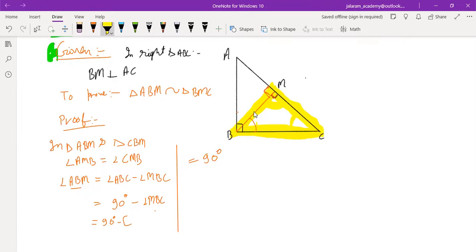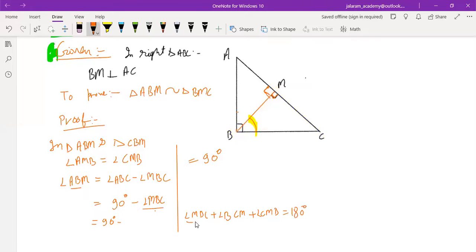And what is the sum of these three angles? We all know that the sum of these three angles is 180 degrees. So if we have to find any one of the angles, we know that angle MBC plus angle BCM plus angle CMB equals 180 degrees using the angle sum property.